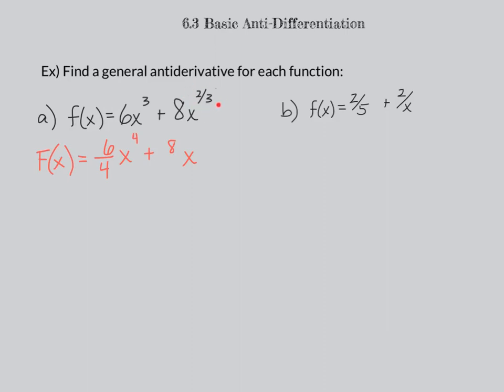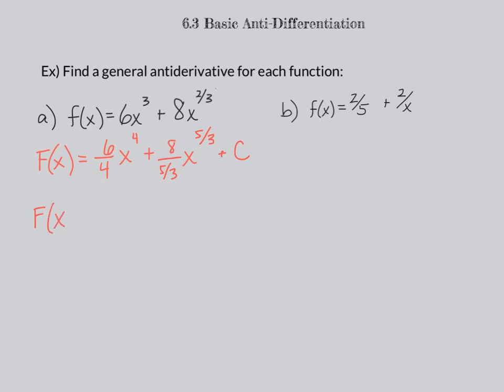So 2/3 plus 1. 2/3 plus 3/3 is 5/3. So we added 1 in the form of 3/3. And then we also have to divide by that 5/3, right? Yes, we have complex fractions. Yes, we'll deal with them in the next line. Okay. Oh, plus c at the end.